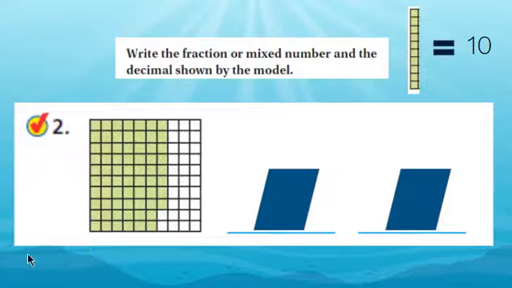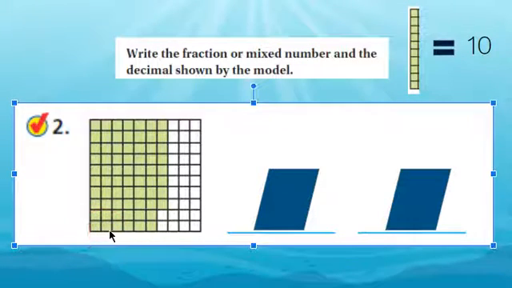Let's go ahead on to being able to write the fraction or mixed number and the decimal just by looking at a model. One quick way to read a model like this is to count by tens. Each of these lines is showing a group of 10. So I can easily go 10, 20, 30, 40, 50, 60. Now would I say 70 here?